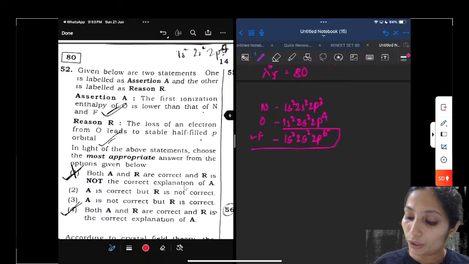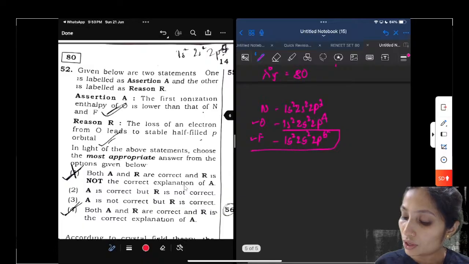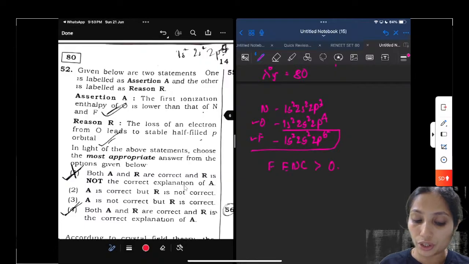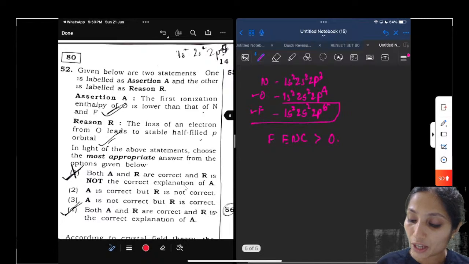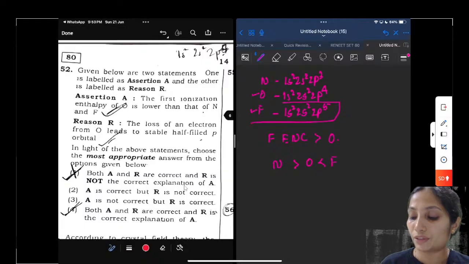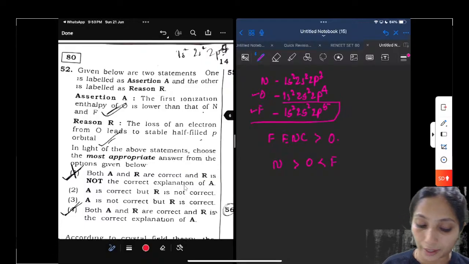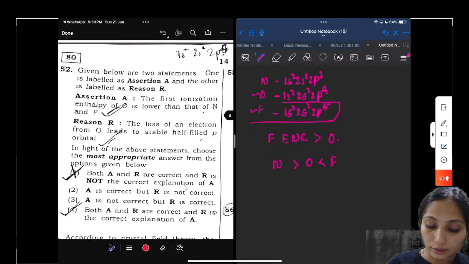If I consider fluorine and oxygen, fluorine has higher effective nuclear charge than oxygen. That's the reason why the first ionization enthalpy of nitrogen is greater than oxygen, and that is less for fluorine. Okay, so this is the reason. And here what is given? The first ionization enthalpy of oxygen is lower than that of nitrogen and fluorine. So the assertion is correct. Let's check the reason.